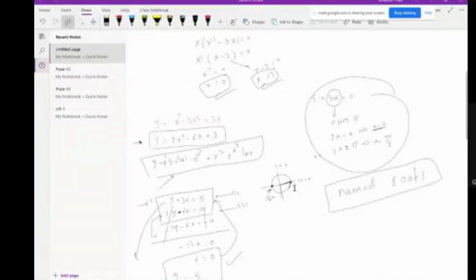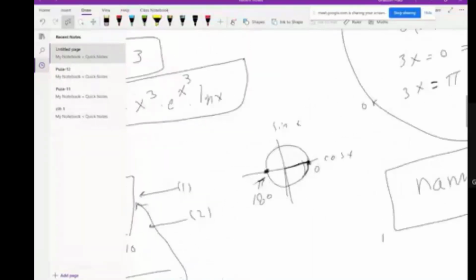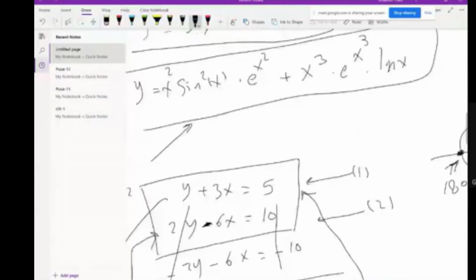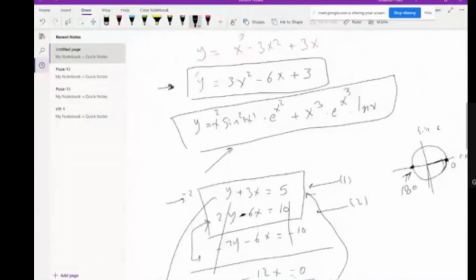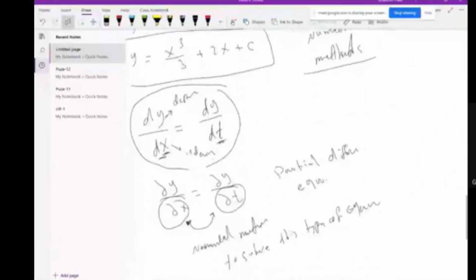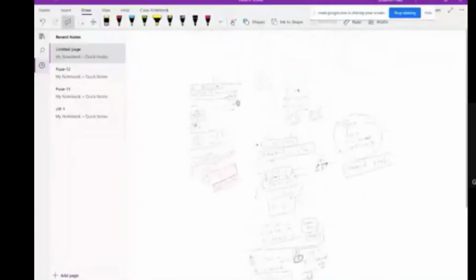These roots make the value of y equal 0. Always y here equals 0.